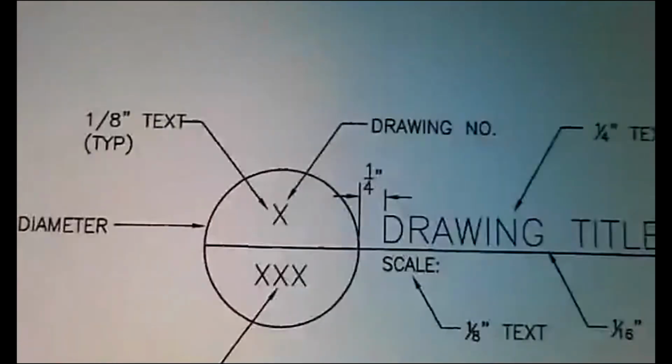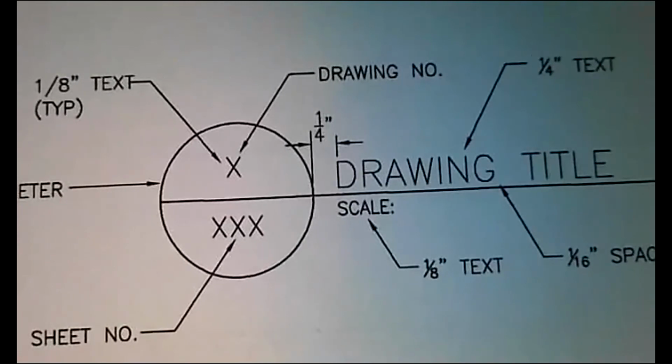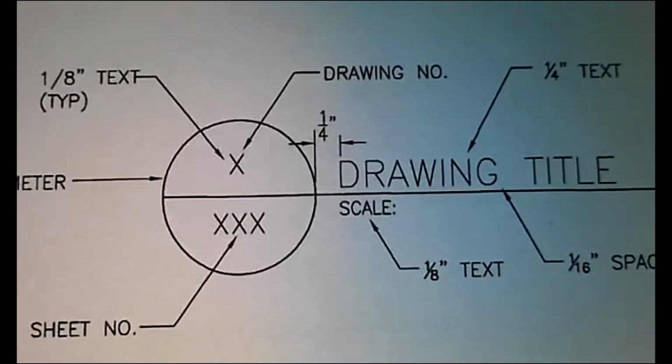Okay, I'm going to give you some additional instructions. After you've laid out the lines of the title block and the logo, we're going to lay out all the guidelines of the text for the main titles. You need to make reference to this handout, in course resources under drawing templates.